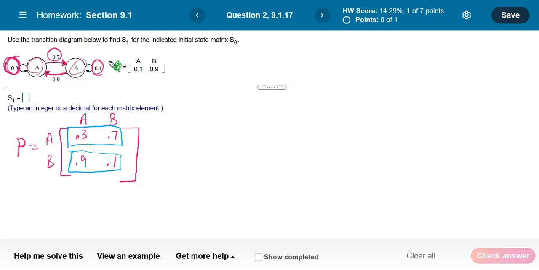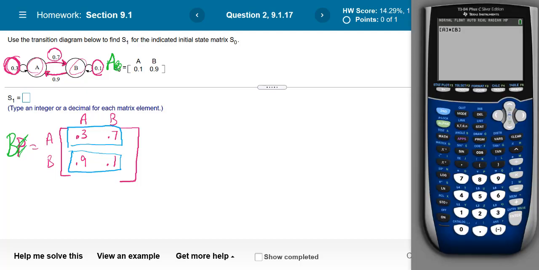I'm going to be using A and B. I'll go ahead and type those without showing you all the details. So now, having typed those two matrices into my calculator, I now do A times B as in problem 1, and there's the answer that I need to put in the answer box.